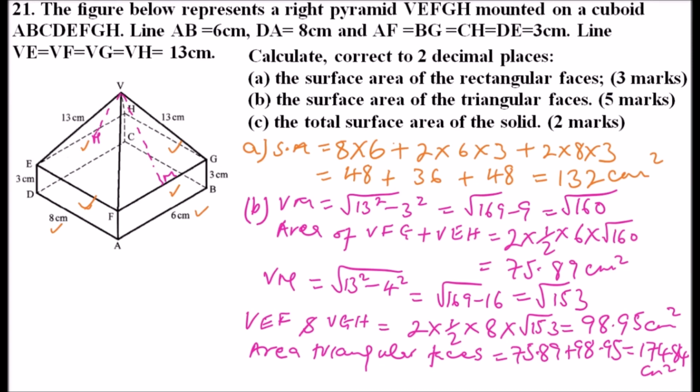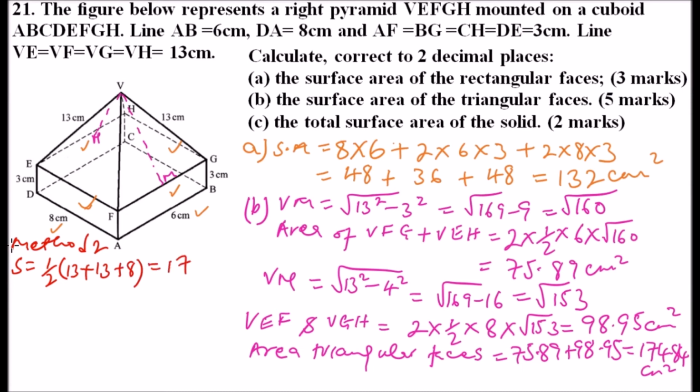But you can also do it in another way. Since you have been given the 3 sides, you can use method 2. You get S equal to a half into bracket 13 plus 13 plus 8, which is equal to 17.